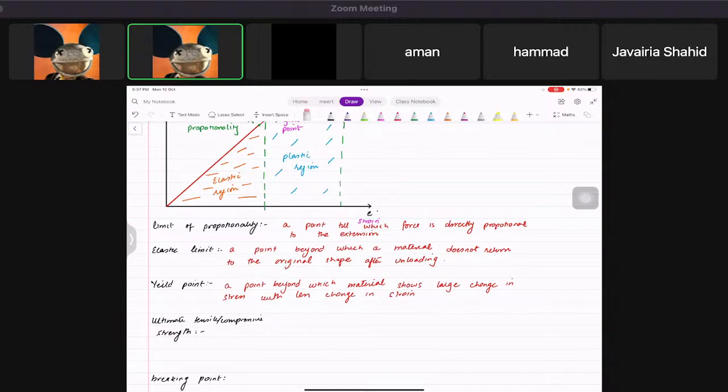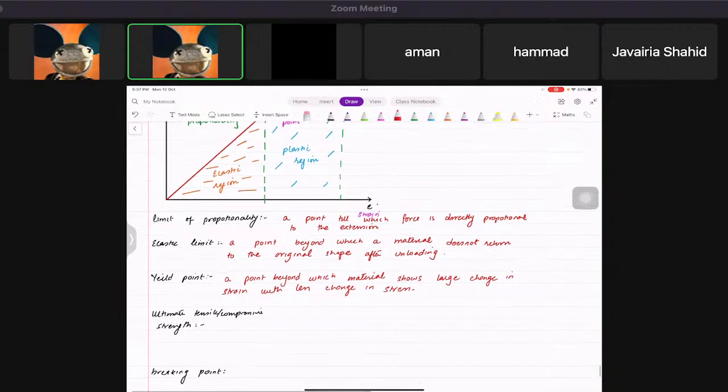I wrote large change in stress, basically I have to write, sorry, my friends. It shows large change in strain with less change in stress. So basically, it's elongating more, changing the shape more, but taking very less force on it.